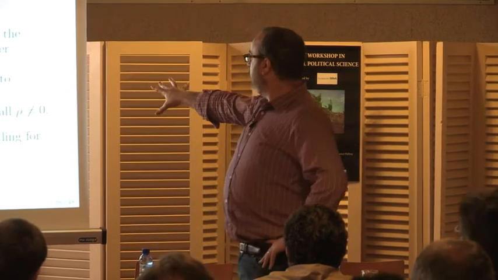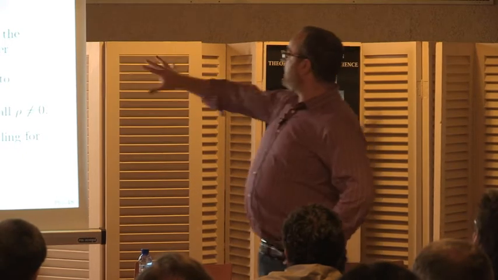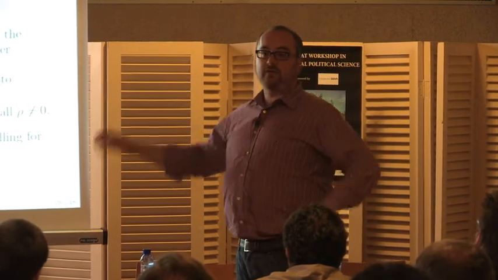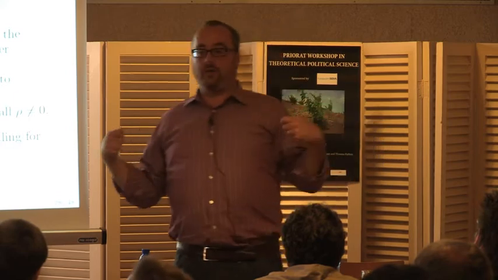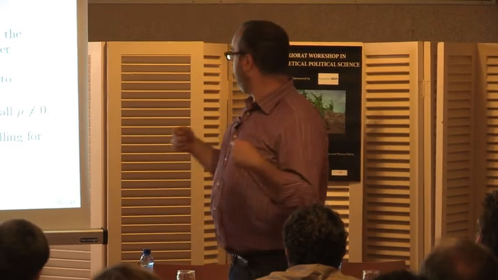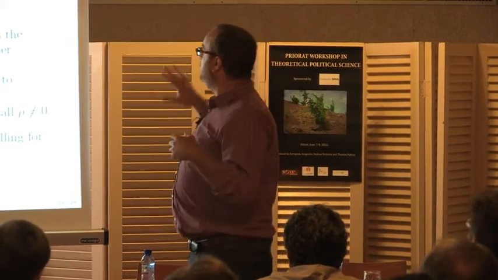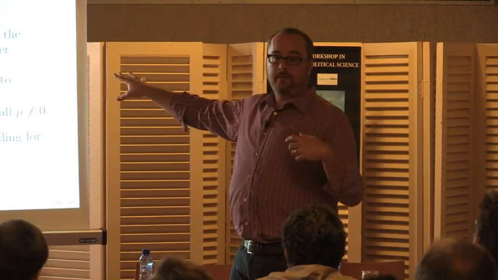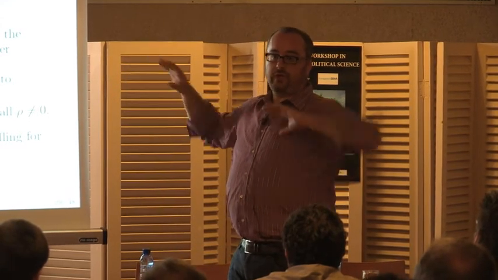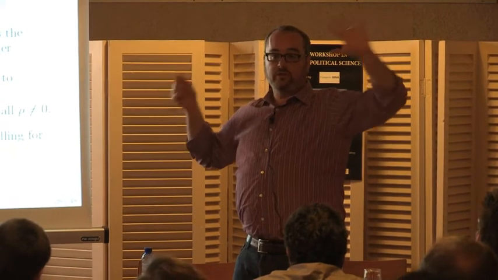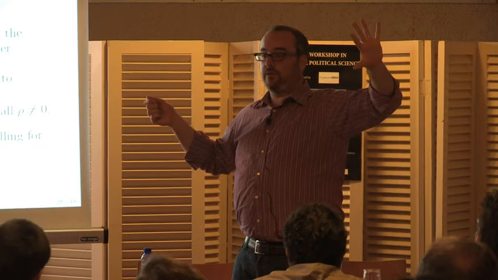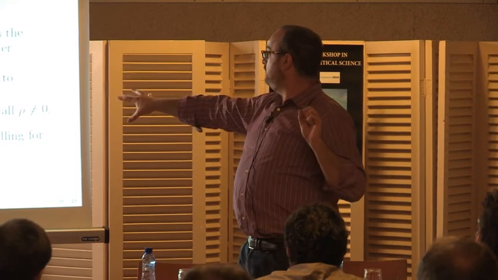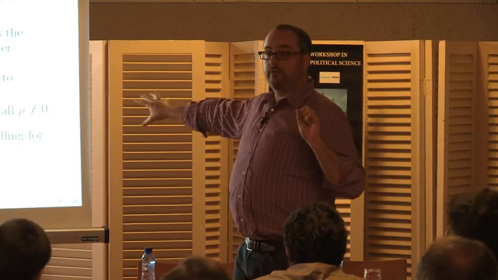And in particular, what the proposition says is if gamma is extreme, so that is if the voter cares only about one task and not the other, and there's any positive correlation, then you prefer unbundling. Okay, so if the voter cares a lot about one task and not about the other, and there's any positive correlation, then you prefer unbundling. And if gamma is central, then you prefer bundling.